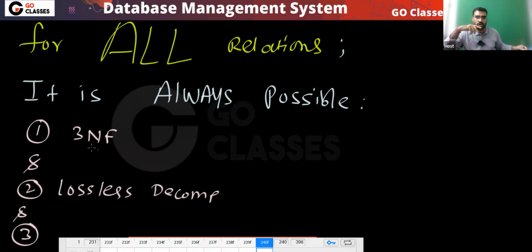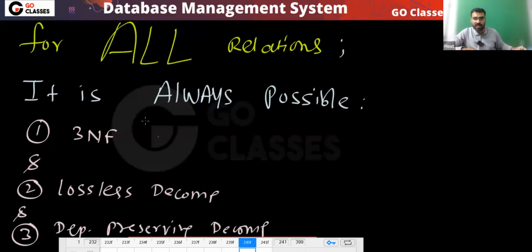Okay, it is always possible that there is a decomposition where it is lossless and dependency preserving.